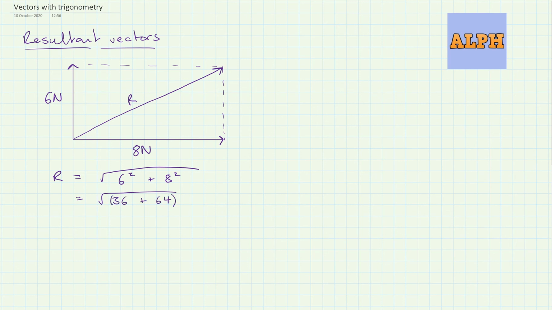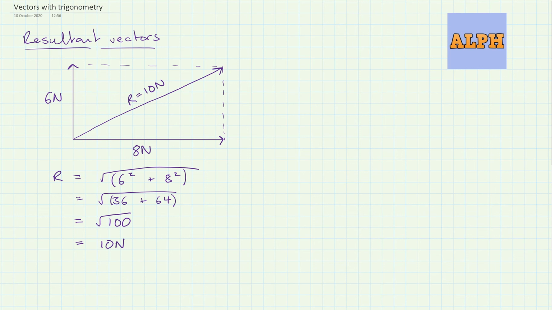Those are in brackets, probably best to make sure that we do that before we do the square root. When we add those together, we get root 100, so that is 10 newtons. So the size of our resultant vector, we've used Pythagoras to do, and we've got 10 newtons.